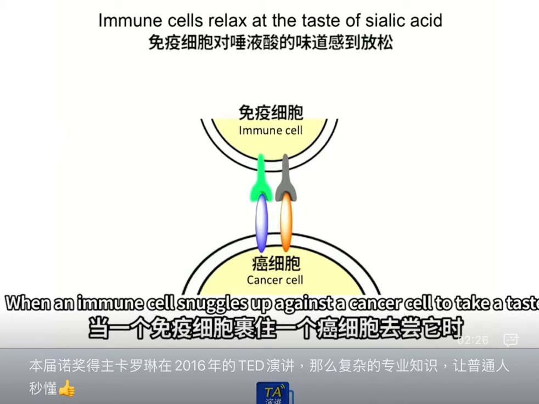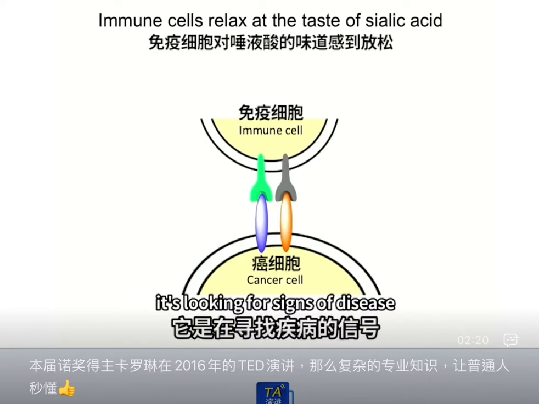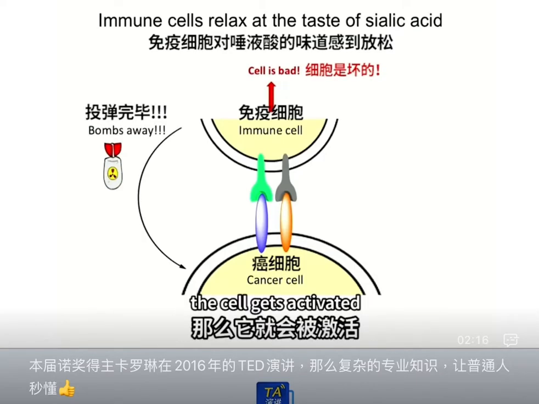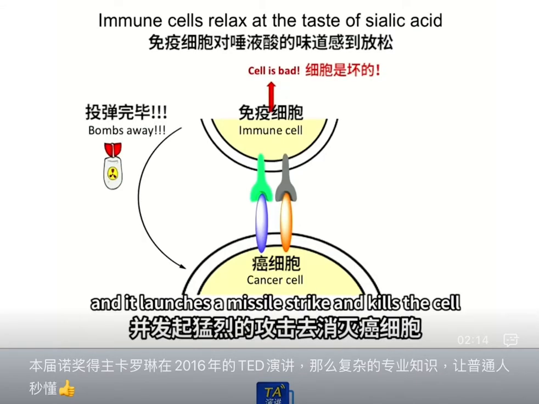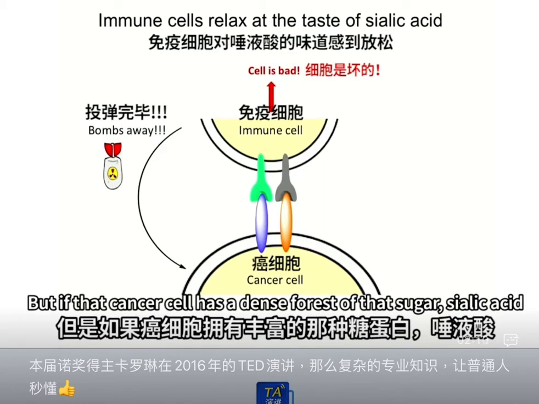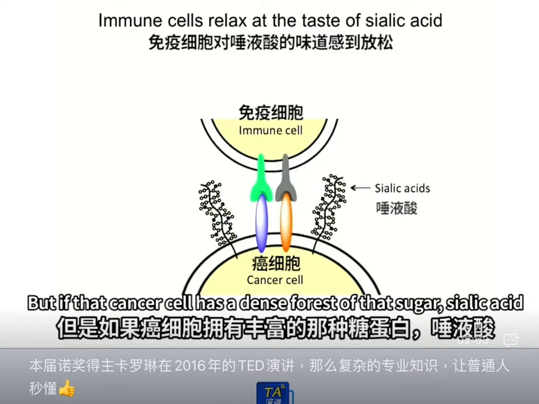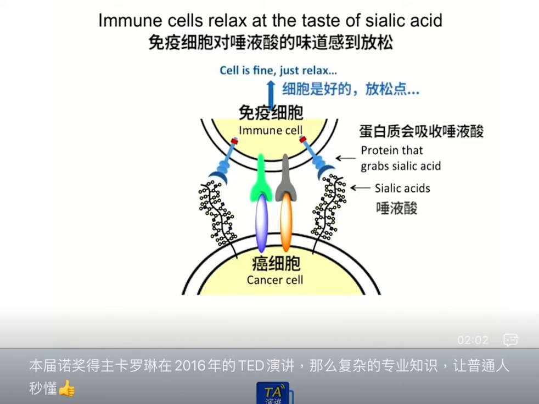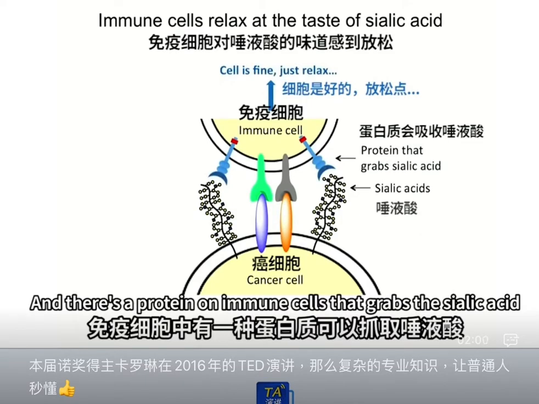When an immune cell snuggles up against a cancer cell to take a taste, it's looking for signs of disease. And if it finds those signs, the cell gets activated and it launches a missile strike and kills the cell. But if that cancer cell has a dense forest of that sugar, sialic acid, well, it starts to taste pretty good. And there's a protein on immune cells that grabs the sialic acid.